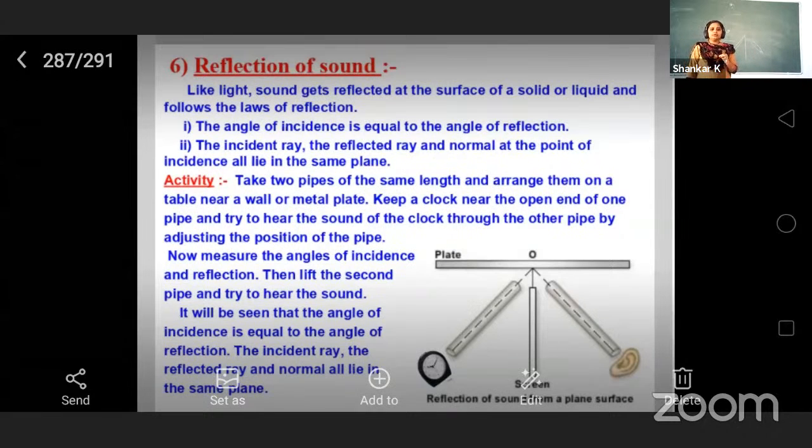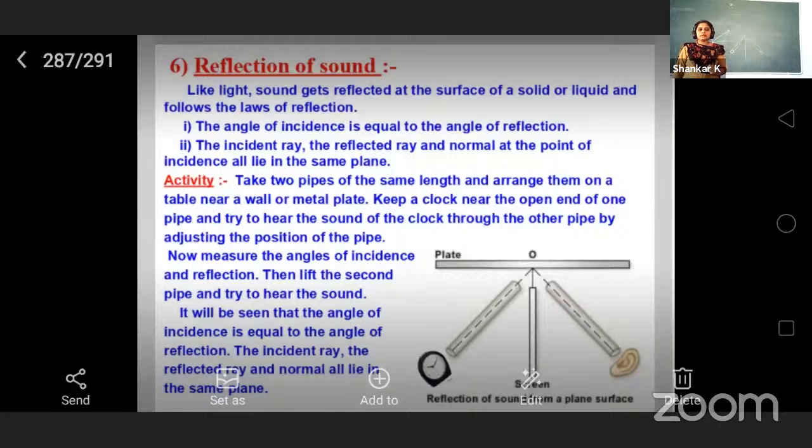Here what we have to observe, students, is the angle of incidence and the angle of reflection. Whatever sound the clock produces, you are able to hear it in this pipe. Then move the second pipe and try to hear the sound. It will be seen that the angle of incidence is equal to the angle of reflection.